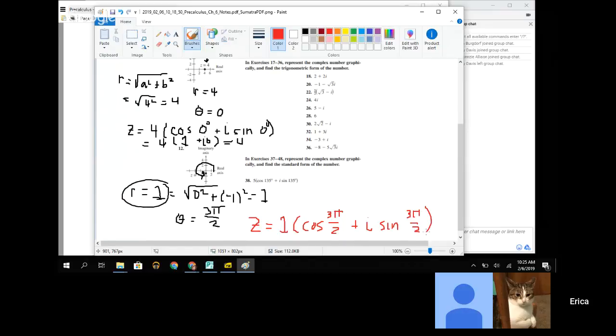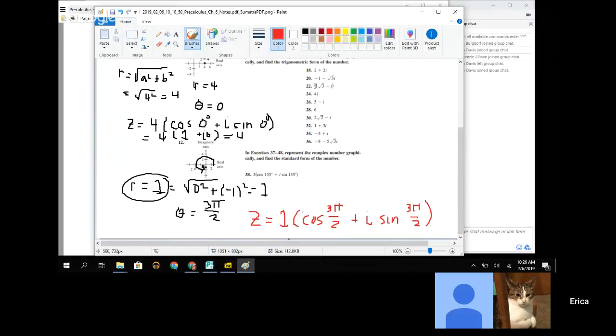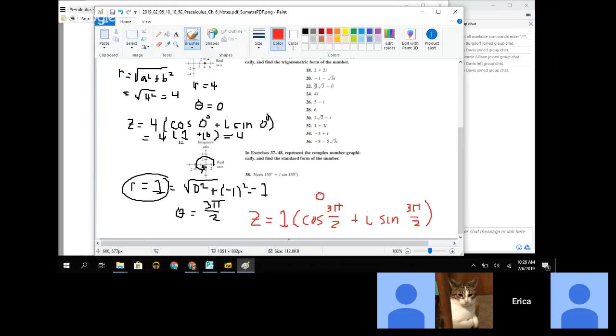If I look at my unit circle, the cosine of 3 pi over 2 is 0, and the sine of 3 pi over 2 is negative 1. If I multiply this all back out, I end up with 1 times 0 plus negative i, or just negative i. So it multiplies back out to the complex number.